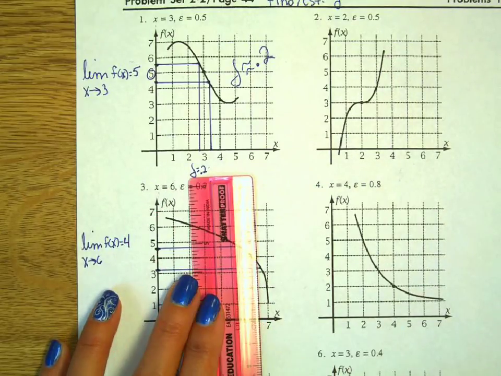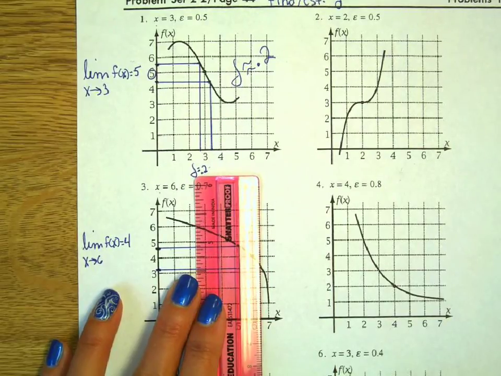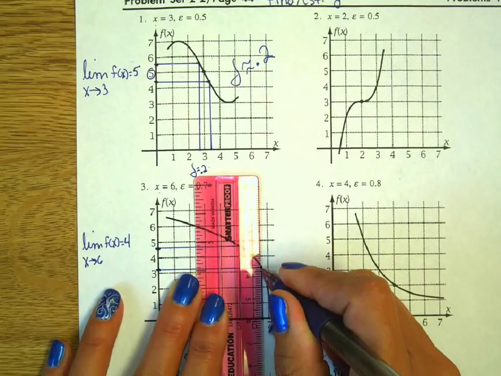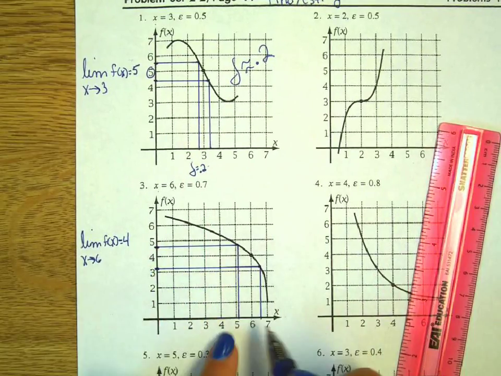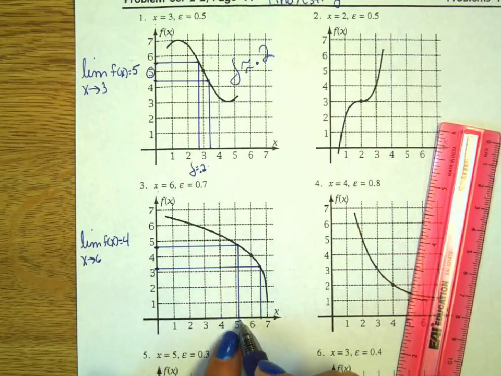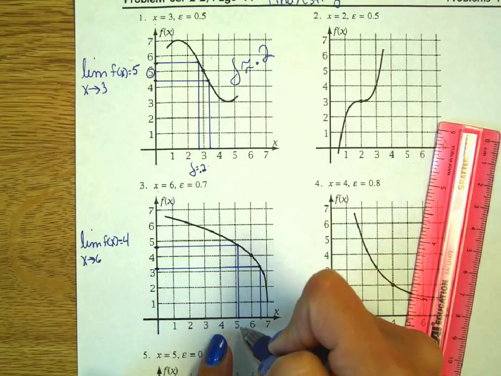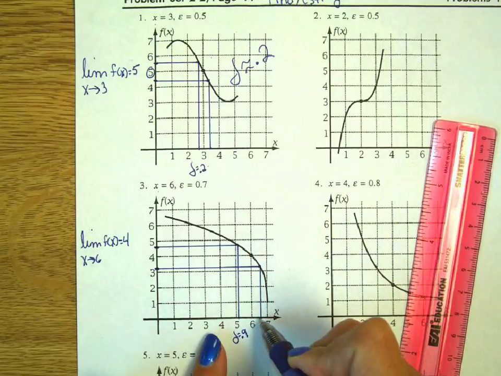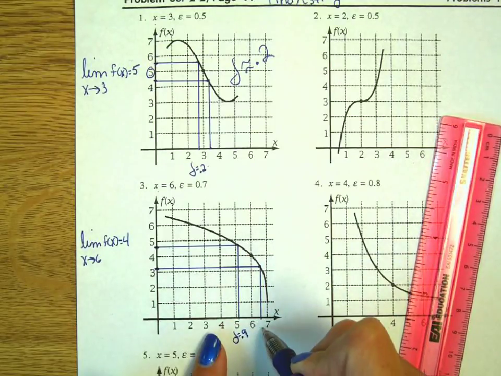Okay, this one's not looking so symmetrical. On this side, I would estimate that delta to be about maybe 0.9. On this side, though, I'm going to say about maybe 0.6.